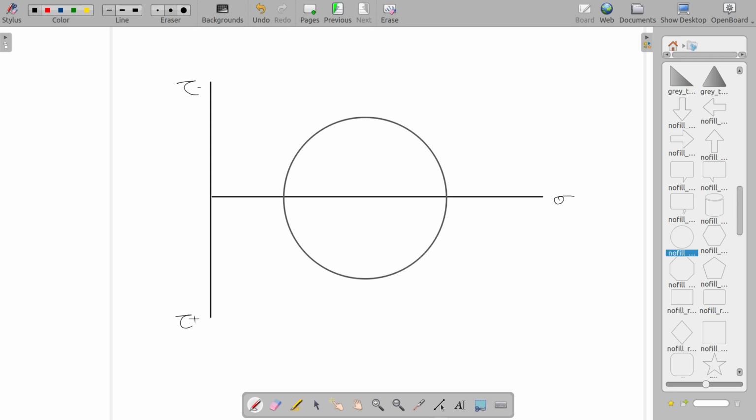And let's say you're given a system with a certain sigma x value, sigma y value, and tau value, and from that you need to find out the principal stresses. So you can directly use the equation.